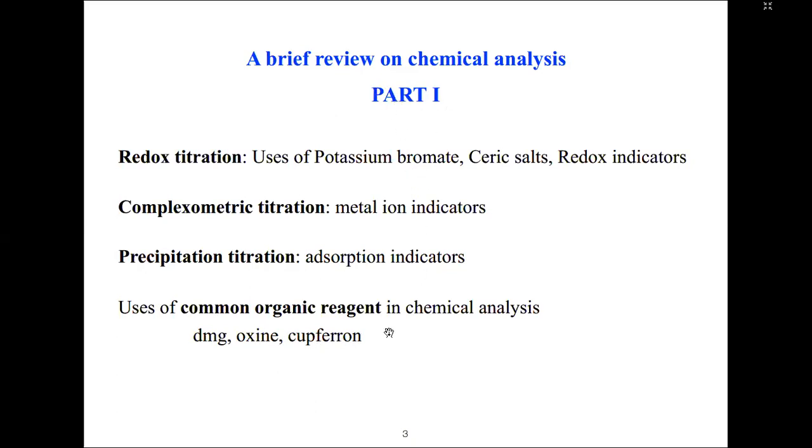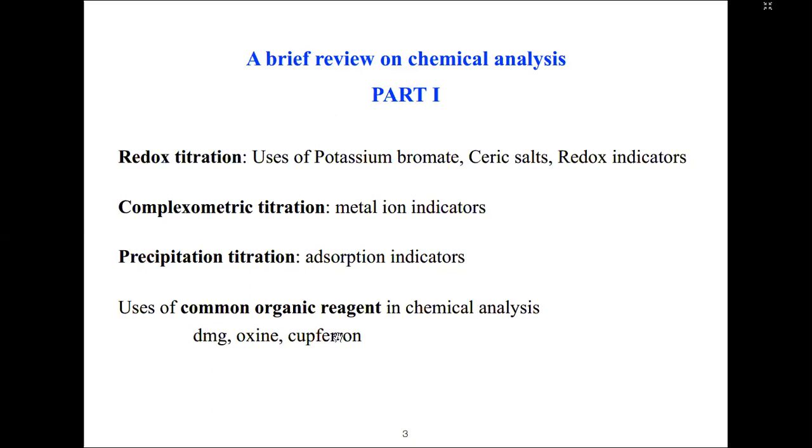These reagents are separated from other reagents like potassium bromate and ferric salt. What is so special about these three reagents? One special thing is they are organic reagents. We are studying inorganic chemistry, or the chemical analysis of inorganic compounds.